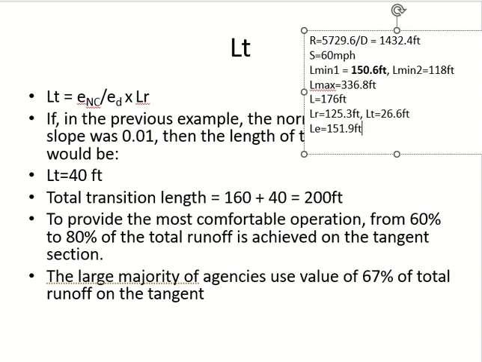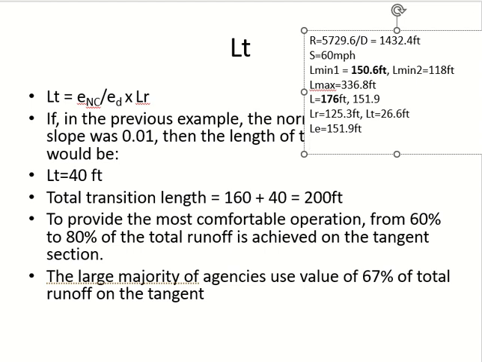So this could also be one of the lengths, right? Because it is in the range. So I can pick 176 or I can pick 151.9 or any other value if it is in the range. Clear? Let us pick this one. So my length of a spiral is 176 feet.